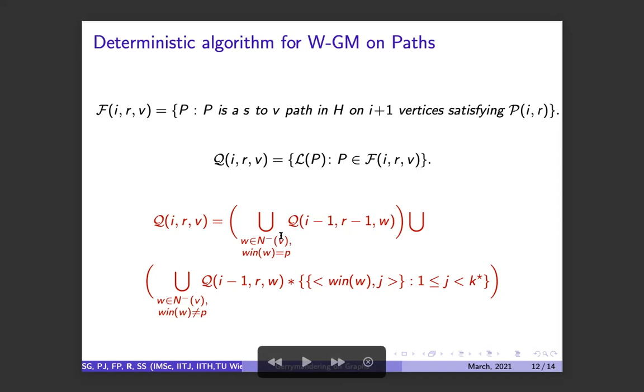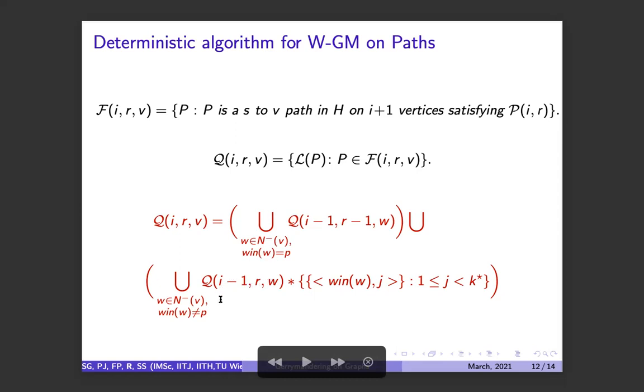Otherwise, P does not win in this district W. So then I have a labeled arc from W to V, right, with some label J, some candidate win of W and some integer J. So we add this to the family, but what should I have?